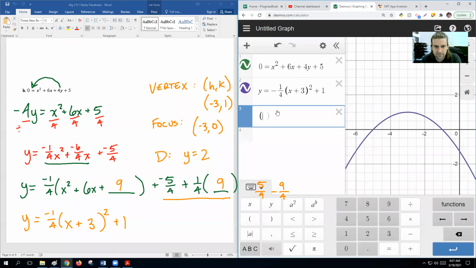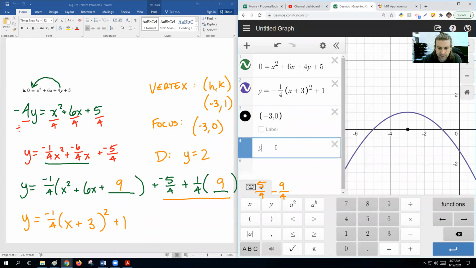If we graph, the focus is at -3, 0. You can see, yep, that's right in the middle with the vertex. The parabola wraps around that. And y equals 2 is the directrix, the opposite of that.